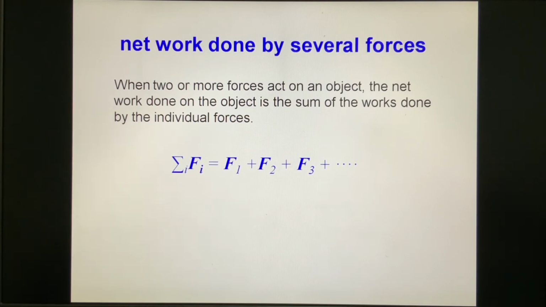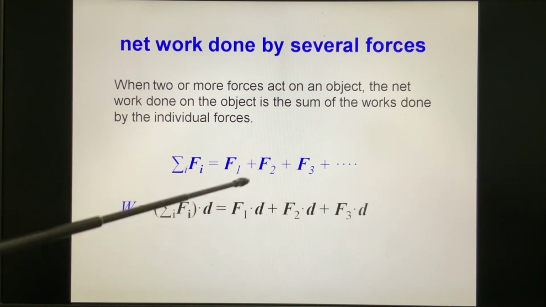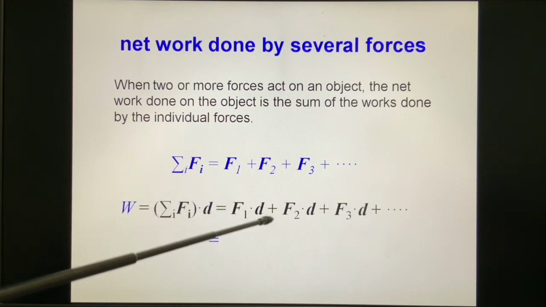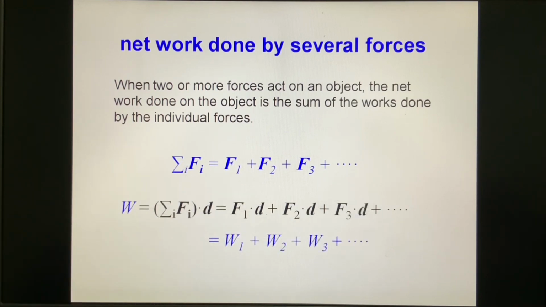The work done by these forces is equal to the net force dot d. We put this sigma Fi in, and we get F1 dot d plus F2 dot d plus F3 dot d, and so on. F1 dot d is the work done by F1, F2 dot d is the work done by F2, and so on.